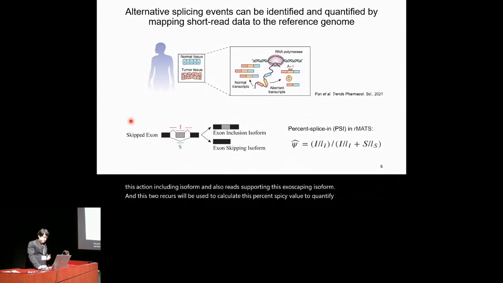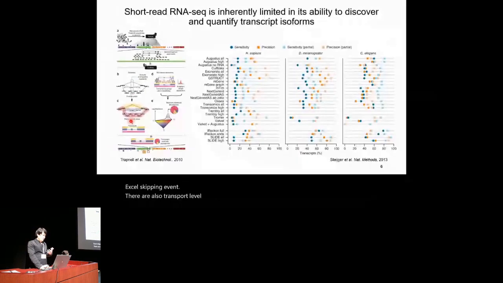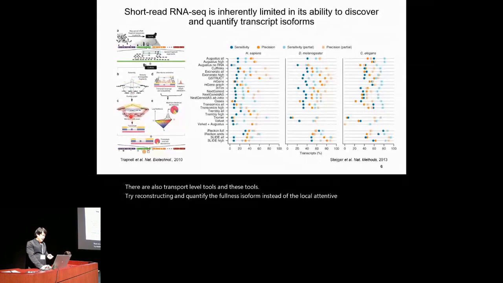exon skipping event. There are also transcript level tools, and these tools try reconstructing and quantifying the full-length isoform instead of the local alternative splicing events. One typical example here is Cufflinks.